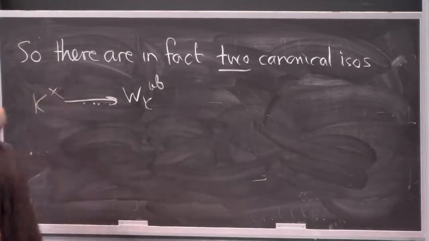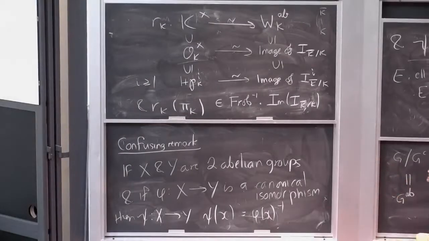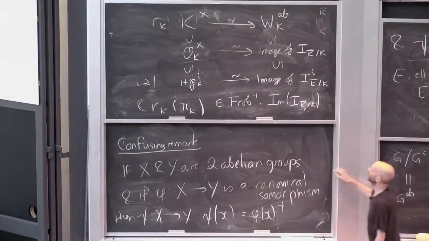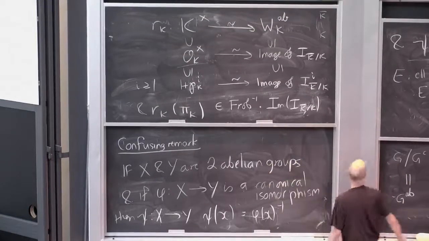And these first properties here, and I'm going to write down loads of other properties of RK in a minute when I've stopped waffling on about this confusing remark. All the other properties I write down, you will be able to observe that if you looked away and I replaced RK by its inverse, they would all remain true. But this is the only one that actually tells you which one I'm talking about.